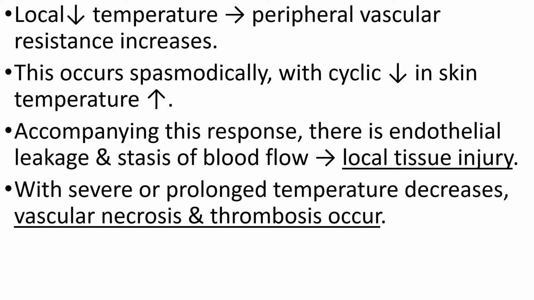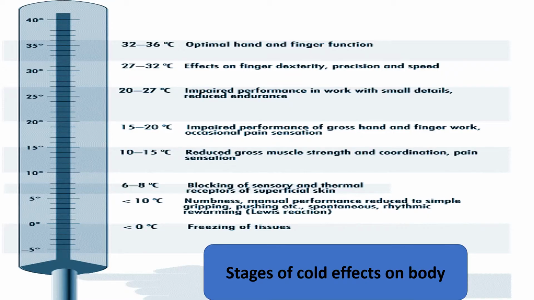This occurs spasmodically with cyclic changes in skin temperature. Accompanying this response, there is endothelial leakage and stasis of blood flow, which leads to local tissue injury. With severe or prolonged temperature decreases, vascular necrosis and thrombosis occur. These are the stages of cold effects on the body.